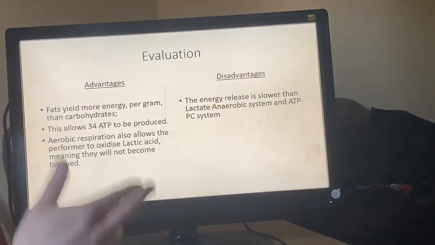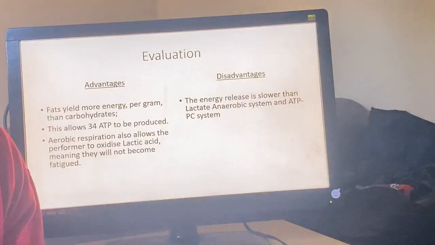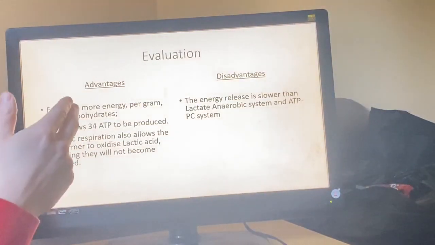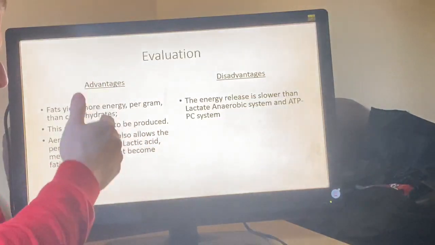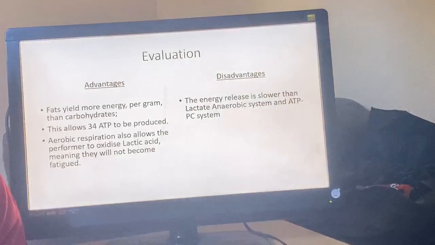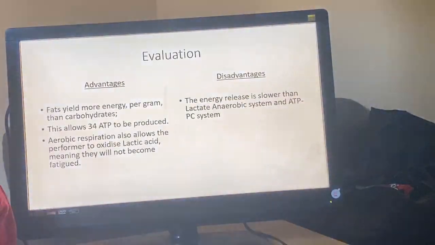However, the energy release is slower than the lactate anaerobic system and ATP-PC system. It's really slow compared to them. So whereas I get 34 ATP, it's so slow. Like we say, it takes 3 minutes to even access it during exercise.